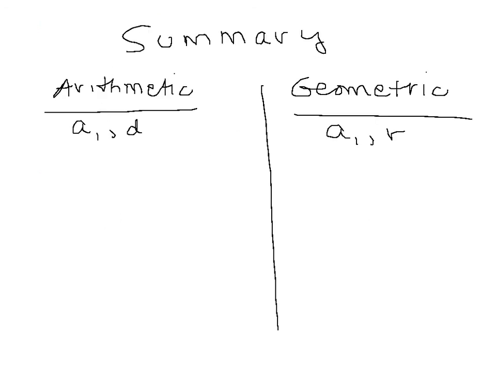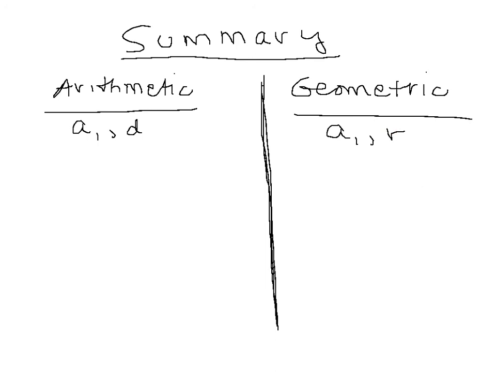Okay, so here's our big summary. We have arithmetic and geometric sequences and series. And let's assume that for the arithmetic world, our first term is a sub 1, and the common difference is d. And similarly in the geometric world, first term a sub 1, and the multiplier, the common ratio, is r.